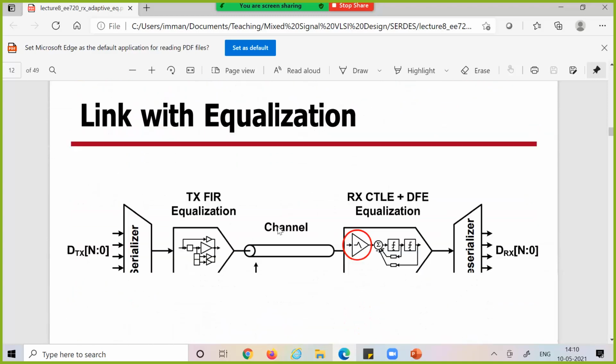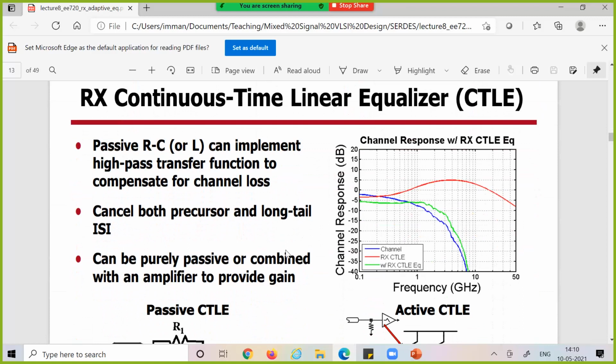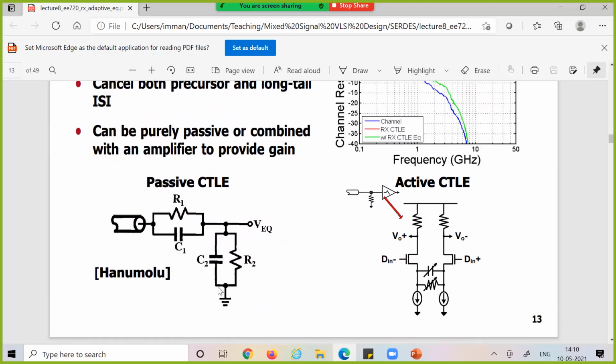Right? So which is why we come to what is called a CTLE. I started off with the CTLE in last class, continuous time linear equalizer. Okay, there is a passive implementation and there is an active implementation. What I drew in the class was the active CTLE.